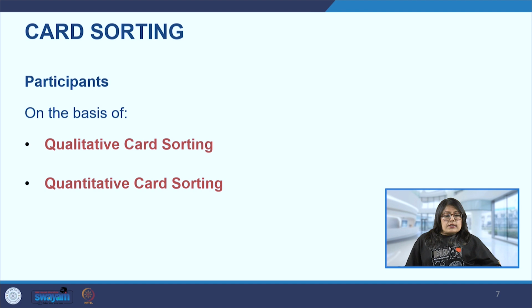This helps the research team understand the thinking behind the actions of the users. And for this particular method, the qualitative one, at least 15 participants should be there, whose results will then help us see a pattern, establish the way in which the user is approaching this.